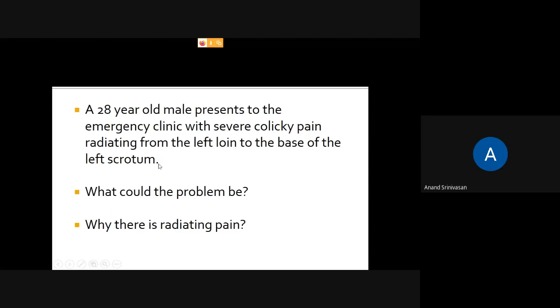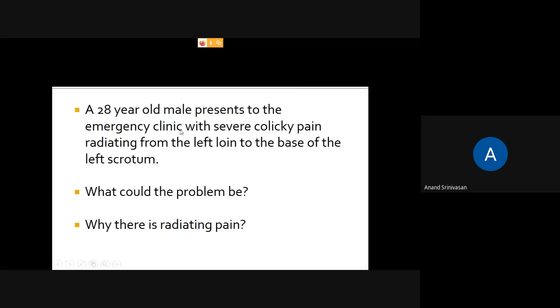So what could this pain be due to? What is the structure which passes from the kidney until the urinary bladder? It is the ureter. So this could be a problem in the ureter, a ureteric stone. This is the classical presentation for a ureteric stone.